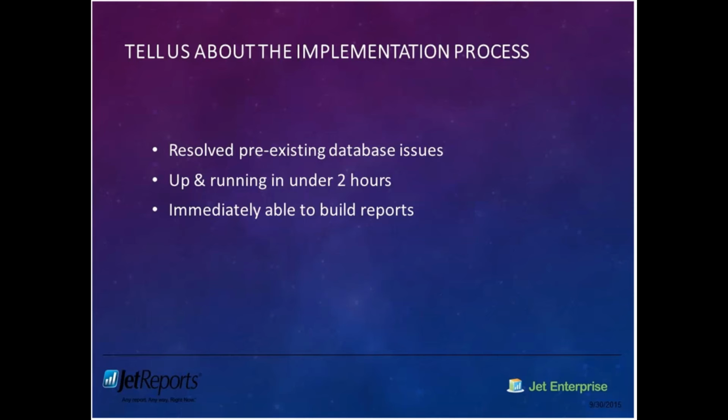So we started building reports, and right now we're in the process of adapting the existing Jet Essentials reports that are running in the NAV database. We're migrating those piece by piece over to Jet Enterprise, where we're accessing the data warehouse. As we do that, some of the tables that exist in Jet Enterprise are exactly what we need.